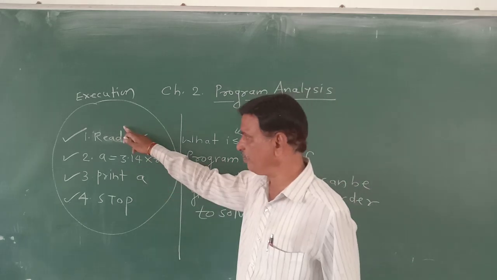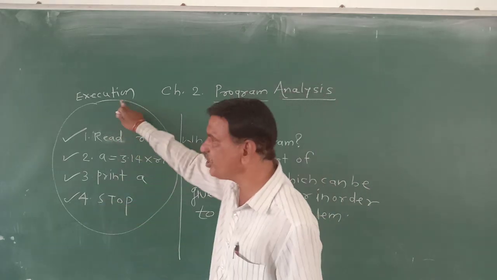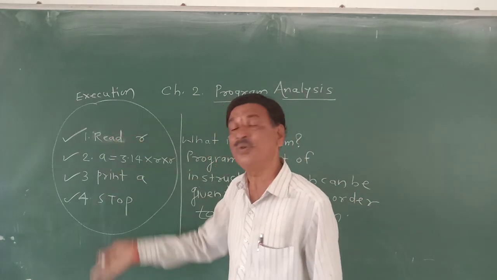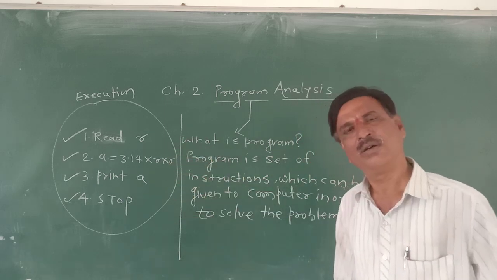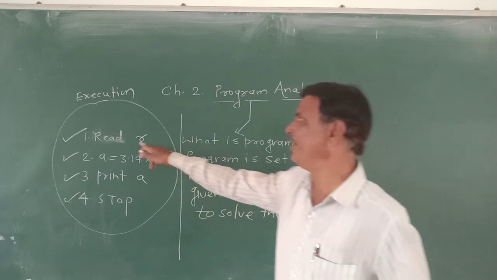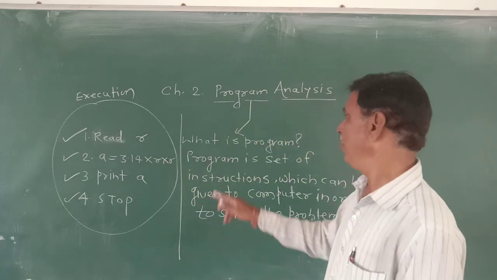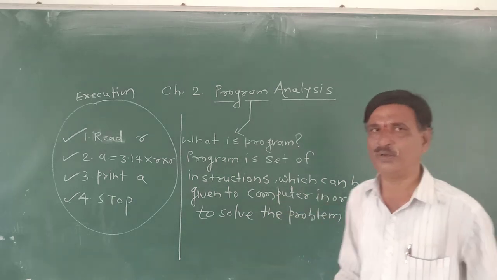And if computer follows, obeys, executes this instruction, what happens? You will get the area of circle according to your value given in R. So program is a set of instruction which can be given to computer in order to solve the problem.